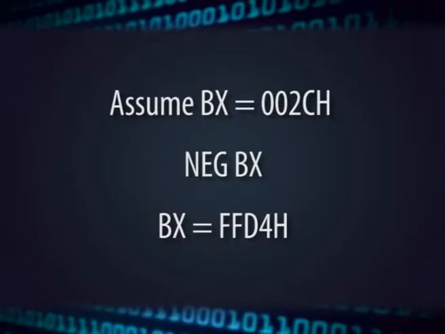Take an example: assume the value of BX is 002C hex. After the execution of the NEG BX instruction, the result FFD4 hex will be stored in the register BX.